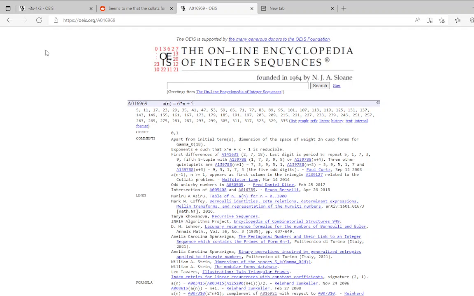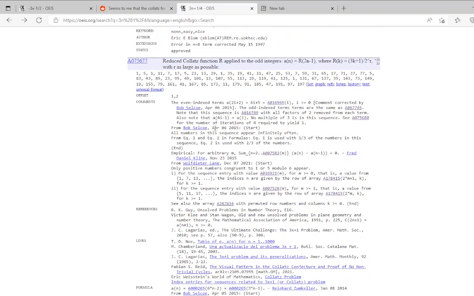So they're already part of the Collatz conjecture on the positive side.